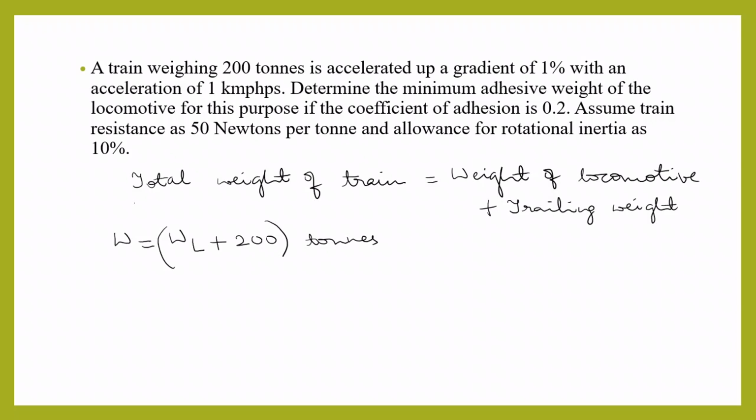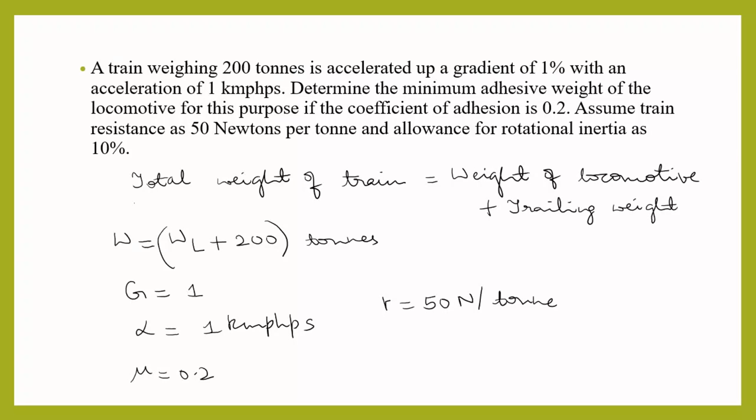It is in tons. And we have gradient of 1%. Acceleration alpha is 1 kilometer per hour per second. Coefficient of adhesion is 0.2. The train resistance is 50 newtons per ton and rotational inertia is 10%. Therefore, accelerating weight is 1.1 times W, which is WL plus 200.